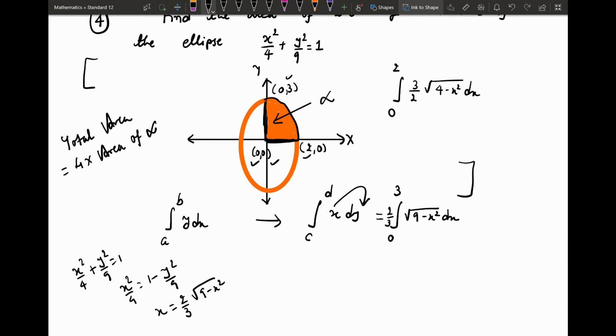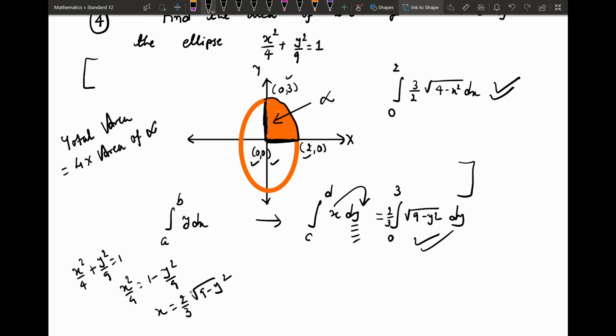So whether you use this formula or this, you will get only this integration, with respect to y, 9 minus y square. So you will get the same answer.